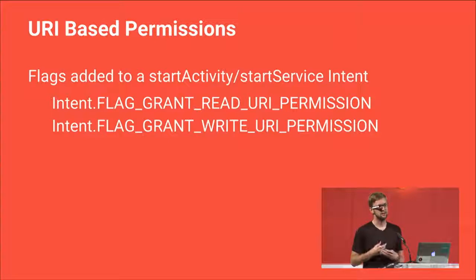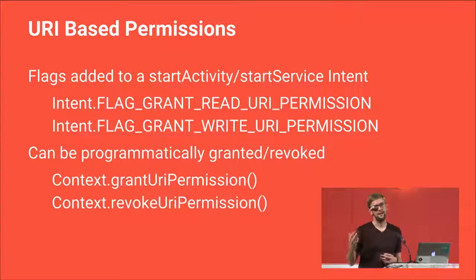And these flags just say, yeah, any URI that's attached to this can actually be read by the receiving app or even written to by the receiving app. So this could be something, for example, like you include an image URI as well as the read permission. Now, all of a sudden, the other app can then read that image without actually requiring access to wherever that file is actually stored.